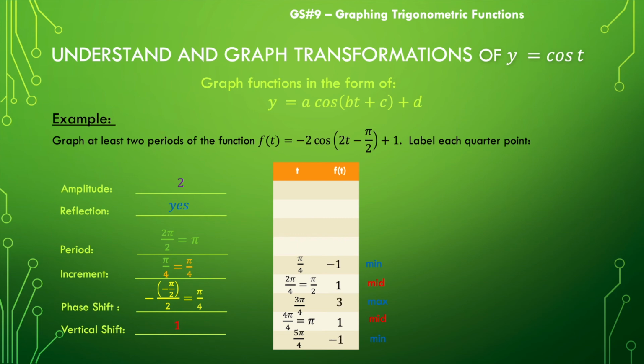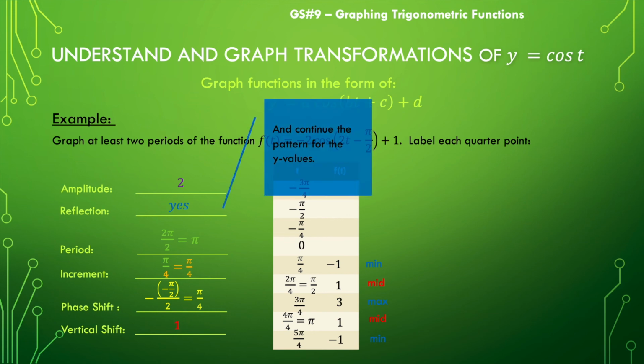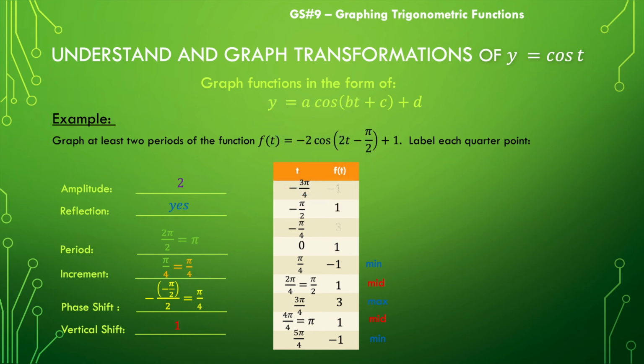Now I'm able to continue this pattern backwards with my t's by subtracting π over 4. So I would have 0, negative π over 4, negative π over 2, and negative 3π over 4. Then I continue my pattern for my y values by adding a couple more midlines, and then a max and a min.